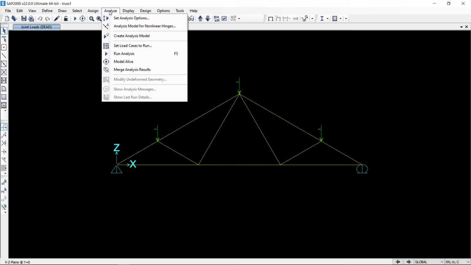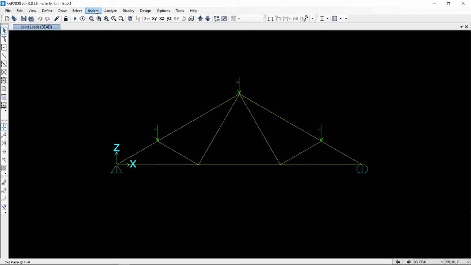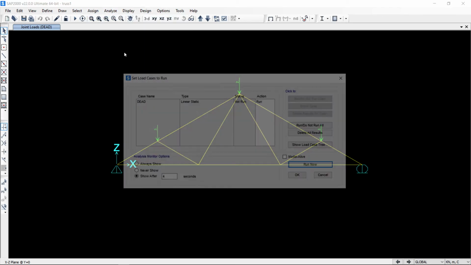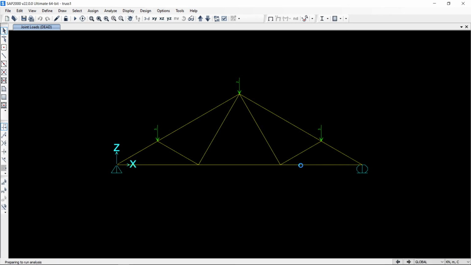Now we can analyze, but before analyzing this, we have to select what type of analysis we are looking for. It is not a space frame, it's a plane frame, so we have to select plane frame. Okay, and then we have to analyze, run analysis, only one load case, yes.